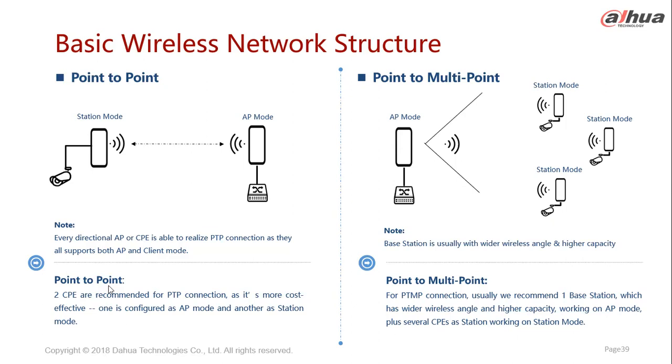For point to point, you can use just two customer premise equipment, which is the cost-effective side. For point to multipoint, the central one has high power and more capability to receive multiple signals from multiple devices.